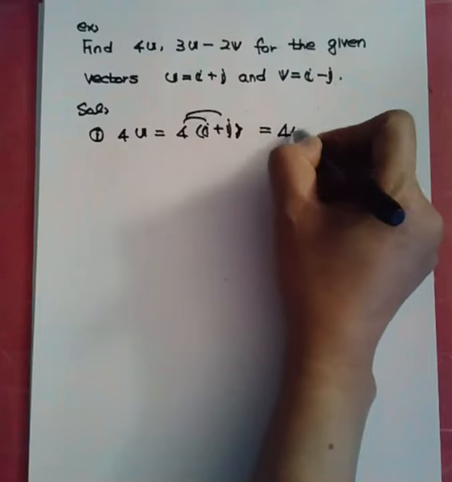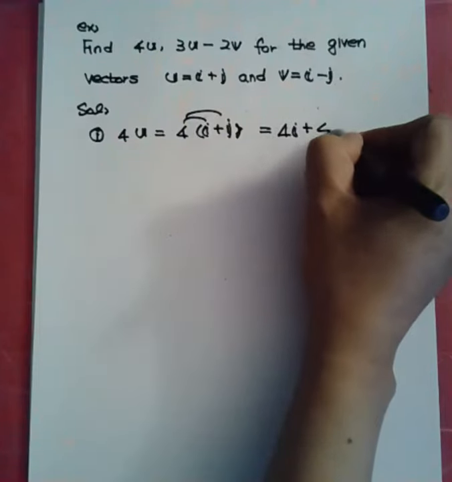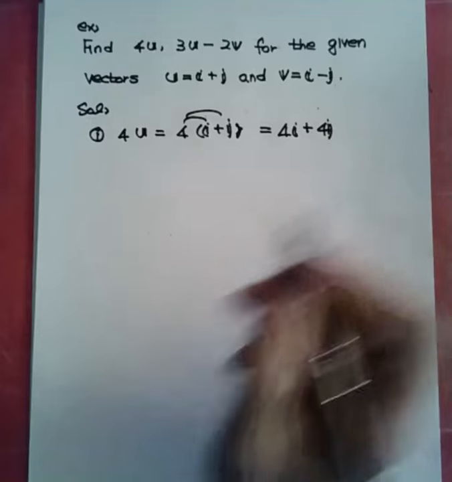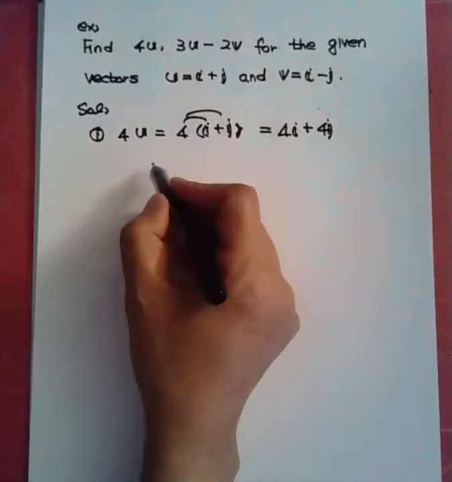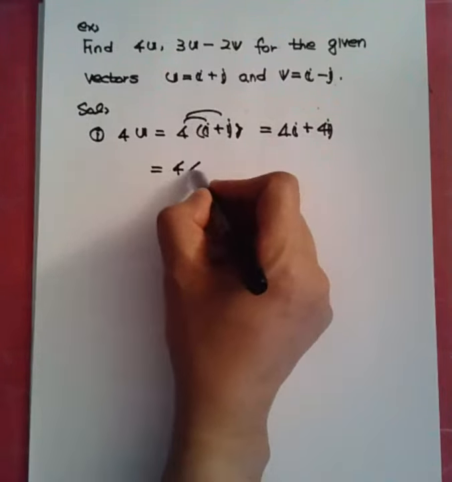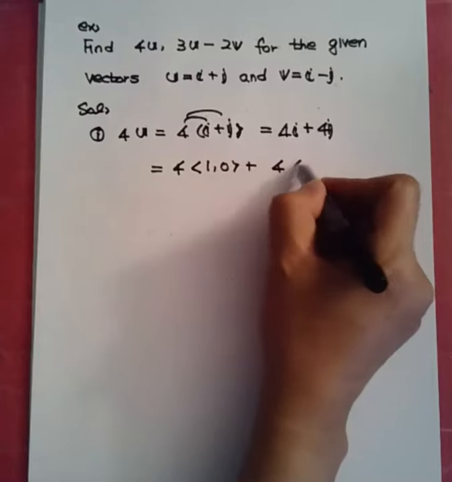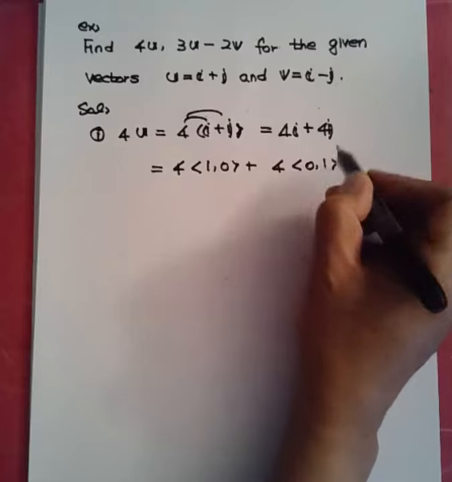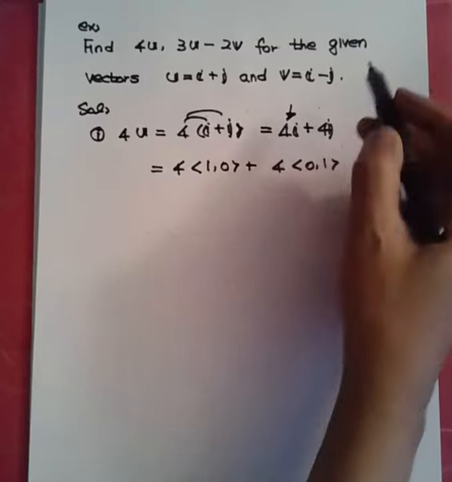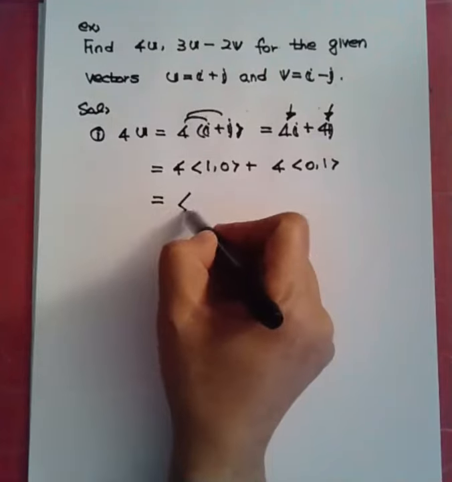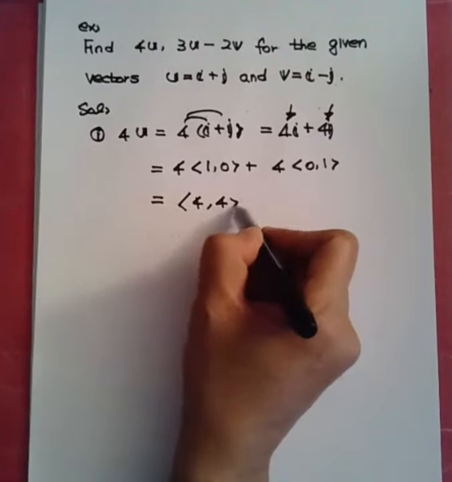Then we have 4i plus 4j. We know that is 4 times 1, 0 plus 4 times 0, 1. So this is the horizontal component. This is the vertical component. So that becomes 4 and 4.